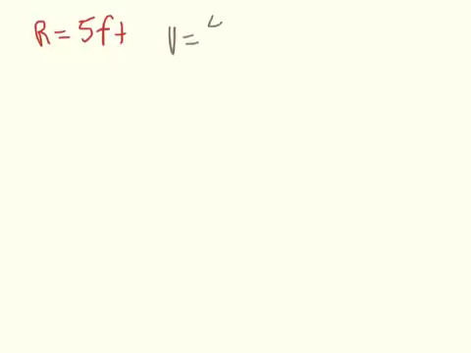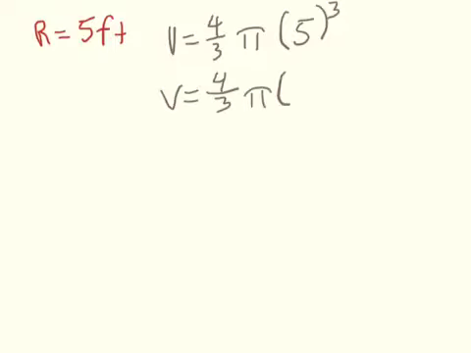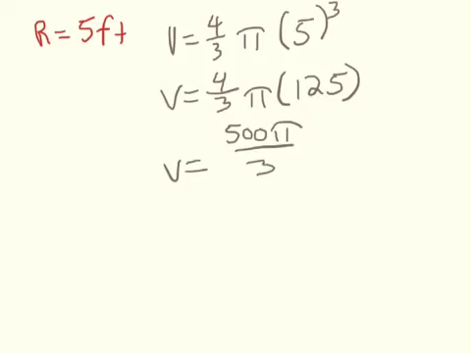Volume is equal to 4/3 pi times 5 cubed. 5 times 5 is 25. 25 times 5 is 125. So volume is equal to 4/3 times pi times 125, which ends up being volume equaling 500 pi over 3.